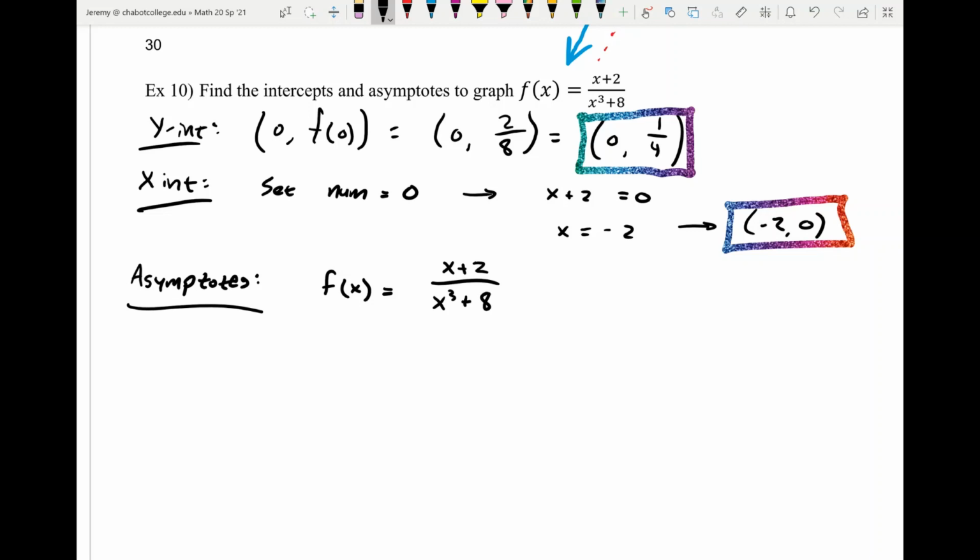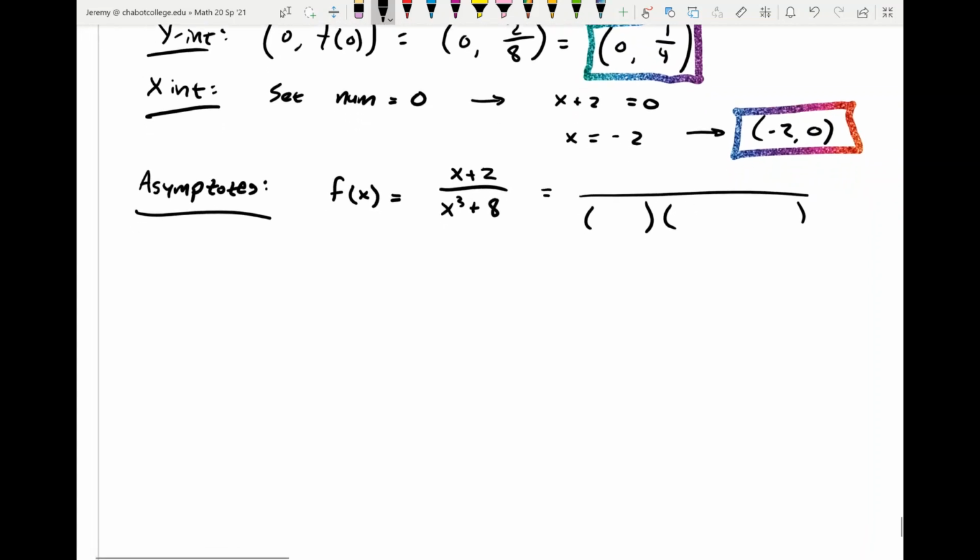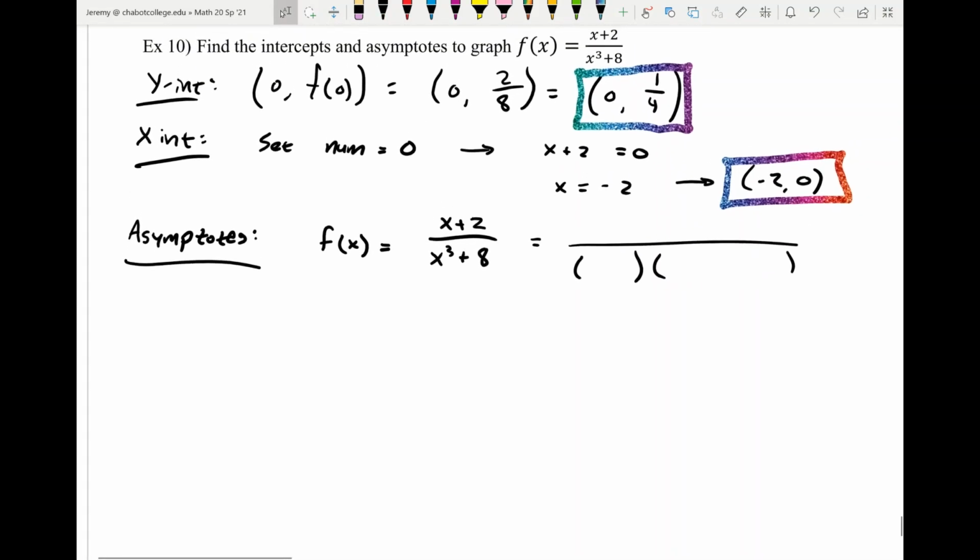Okay, so I kind of want to start by factoring that denominator. So this is the sum of two cubes, and there's actually a formula for this. This factors to a linear factor times a quadratic factor. So there is a formula here, but I don't memorize that one.